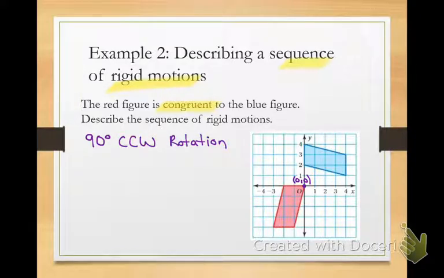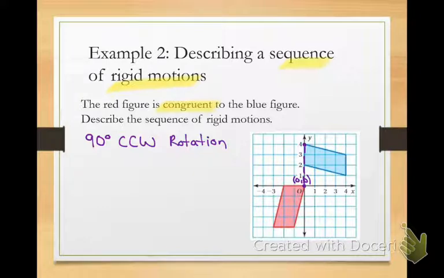It's still going to be 0, 0, right? So now the red figure is rotated, but this point is still fixed here. So now all I have to do is match it with its identical point on the other figure, and I can see that it was a translation 1, 2, 3, 4 units up.